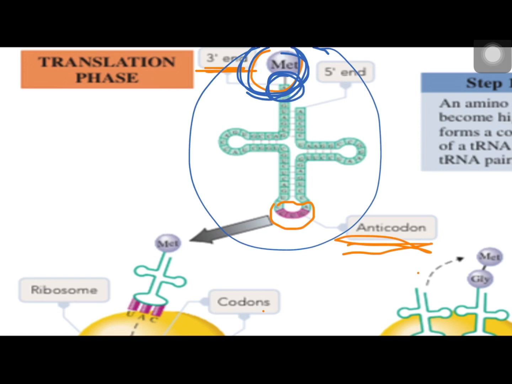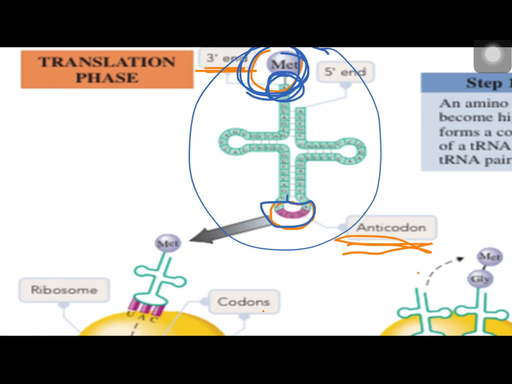This one right here is our 3' end. Our 3' end is our amino acid attachment site. And this one right here that is colored purple is our anticodon.